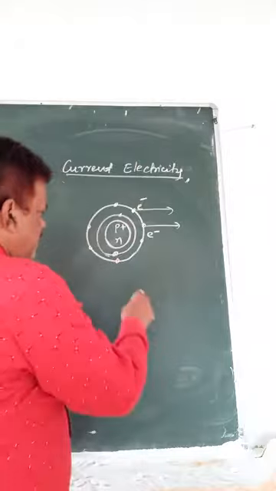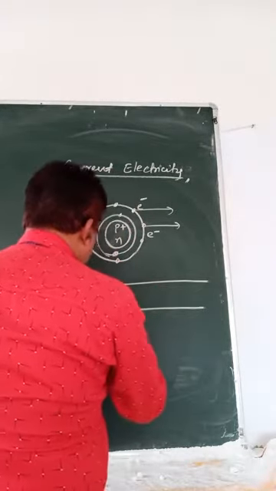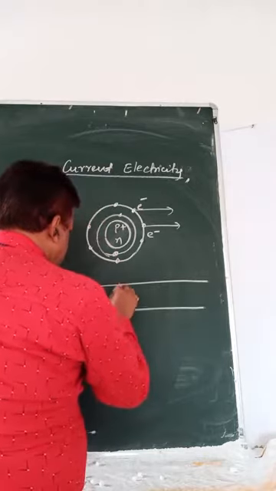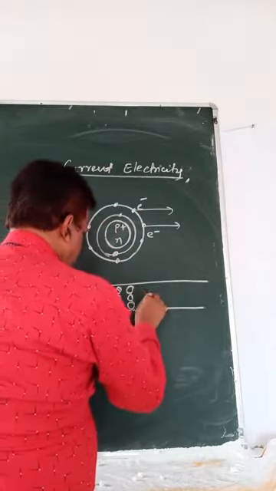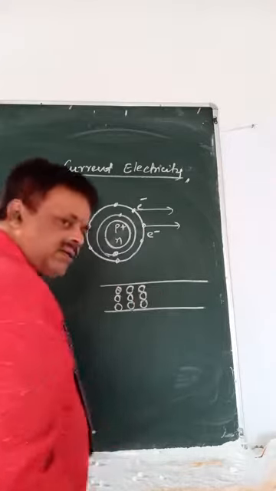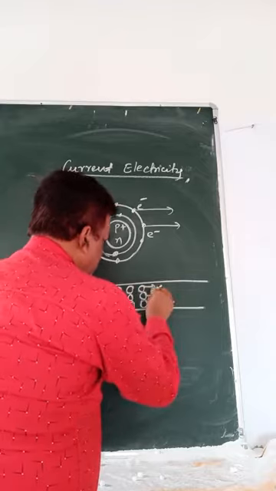If there is a conductor, a piece of wire here, there are so many atoms here, and from each one, electrons come out, electrons come out.